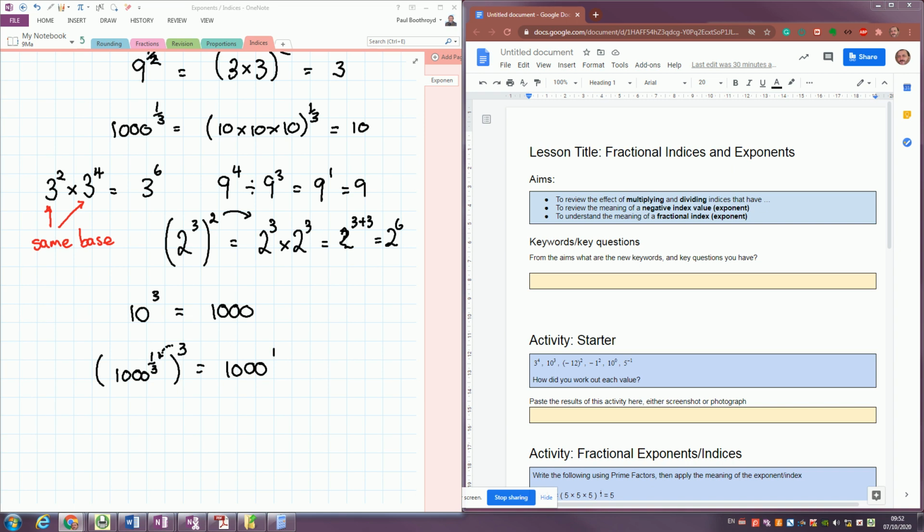So we've just looked at 2 different ways of explaining the same thing. You can use your index rules, or you can expand the number out and then say, right, how many of these things get repeated? And that's what the fractional thing does.